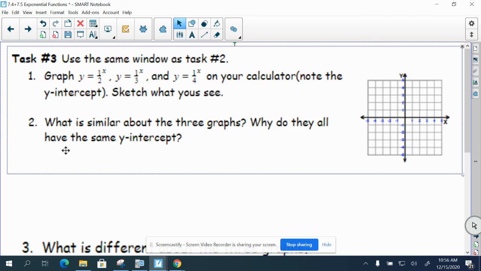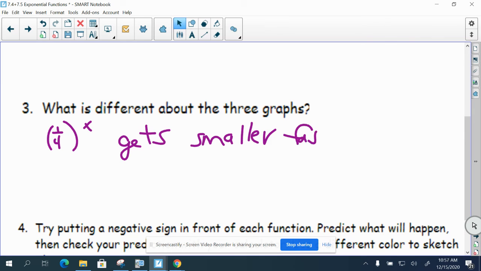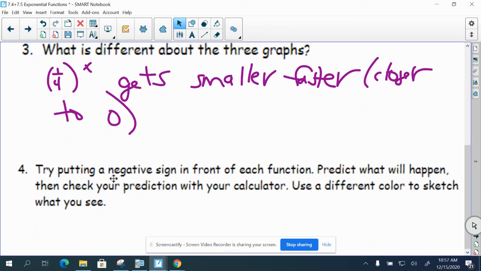So same as number 2 above. The difference is that 1/4 to the x gets smaller faster, or instead of smaller, you can say closer to 0 faster, or fastest.